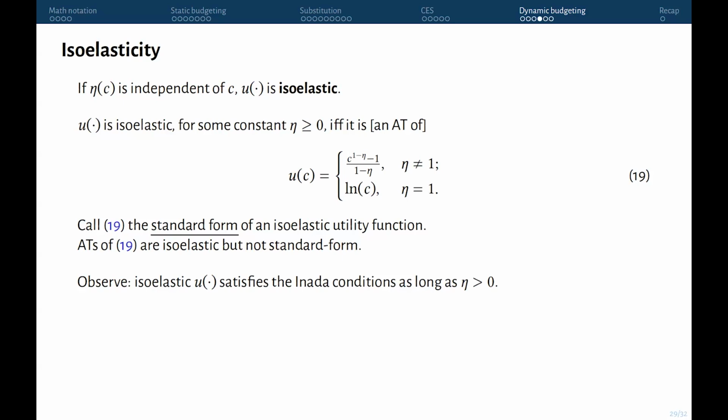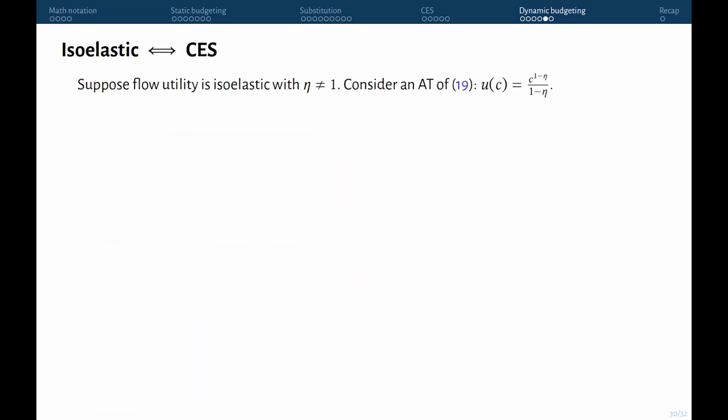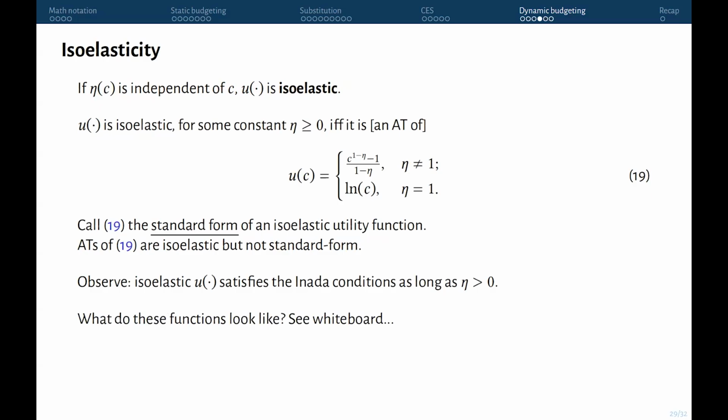In all those cases, you satisfy the lower Inada condition. Vertical utility function around 0 consumption, which means you're going to want to spend a little bit at every time. So yeah, you can look this up or whatever, but it's good to get a little bit of intuition.